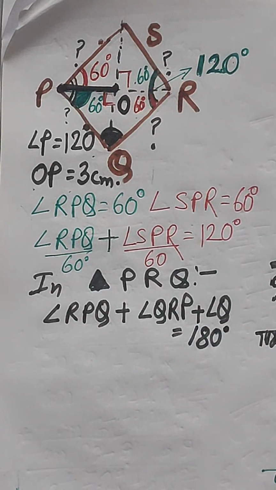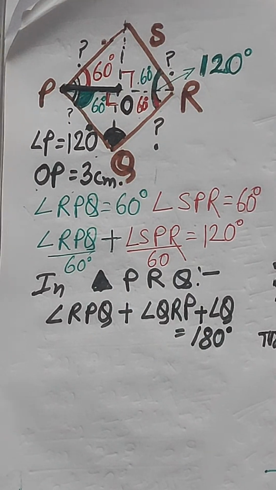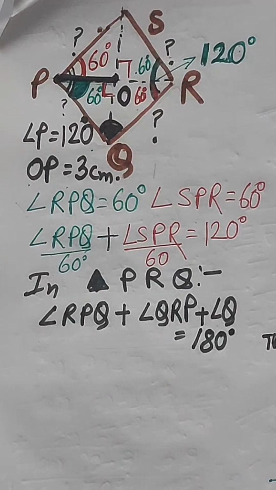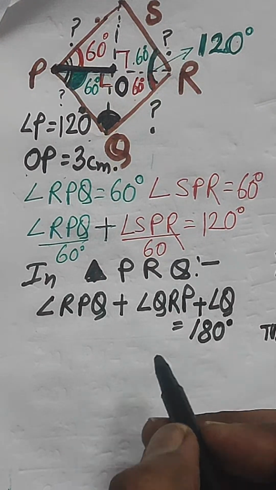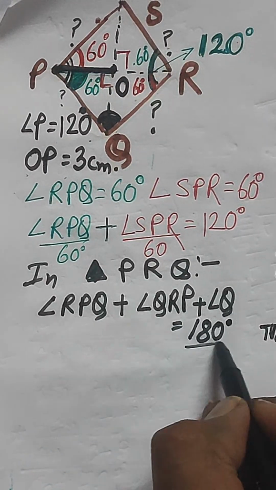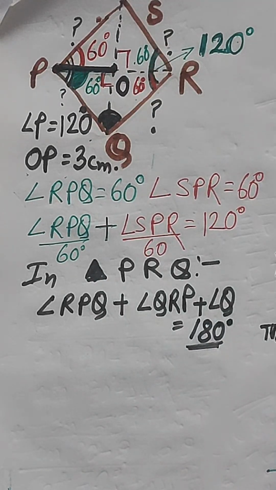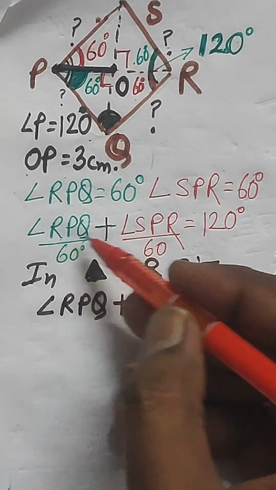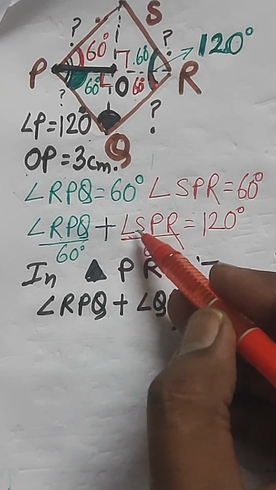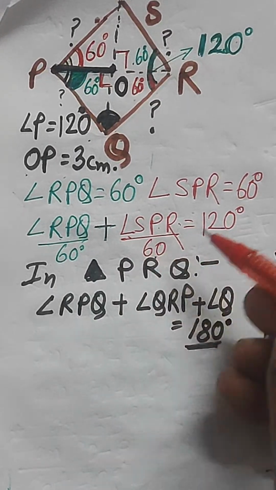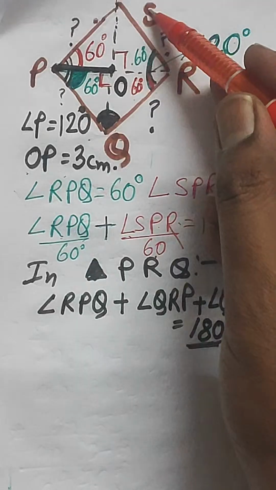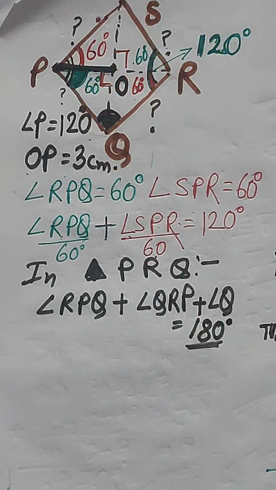Anything wrong in this? Tell me. I don't think so, because all the angles of any triangle add up to 180 degrees. Here we have just calculated angle SPR as 60 degrees, this one, angle SPR as 60 degrees.